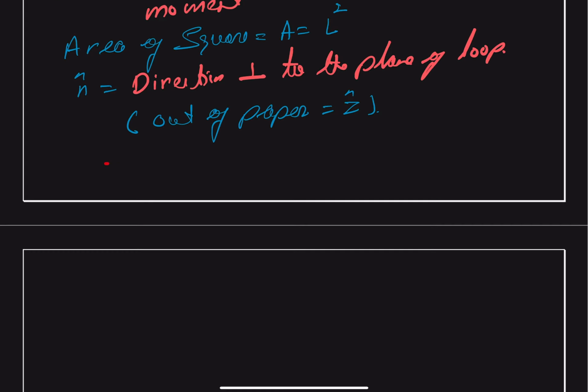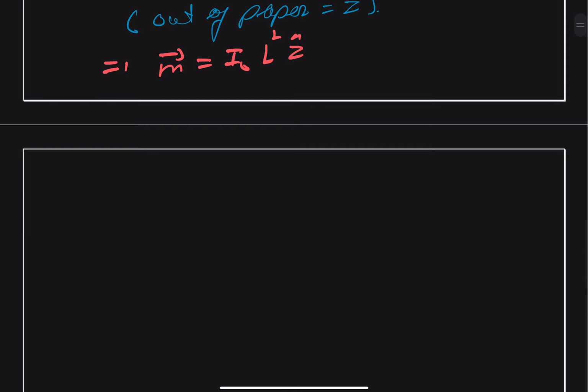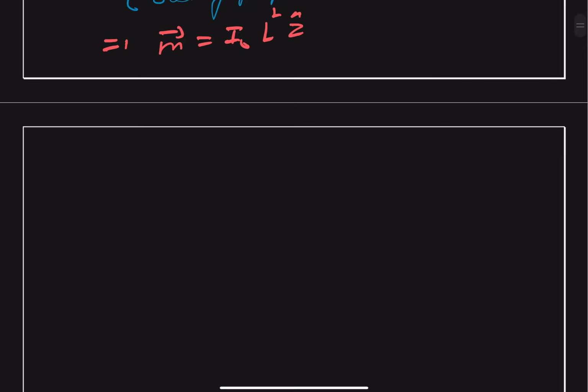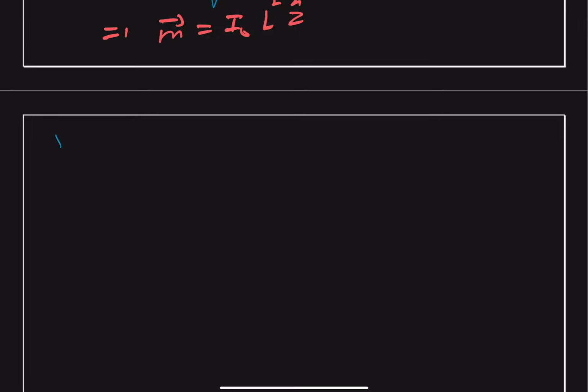Therefore, we can write our magnetic dipole moment will be equal to I0 L square, and here we have z unit vector. And we are given a magnetic field, and that magnetic field is making an angle of 45 degrees with x-axis.